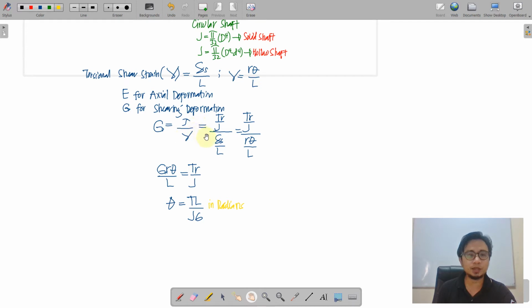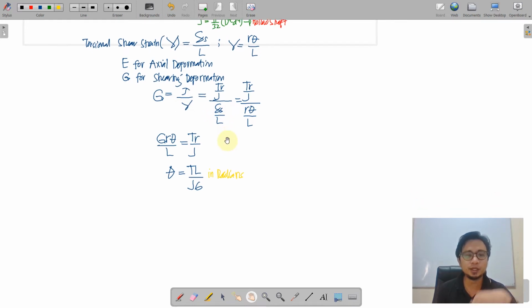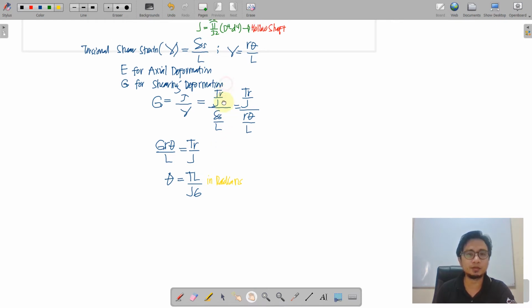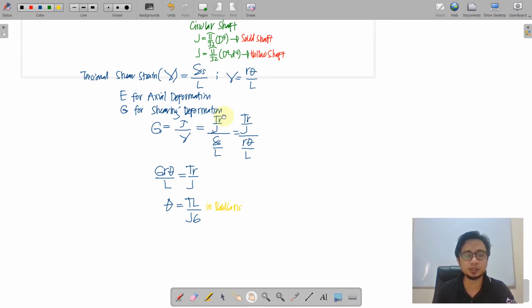So expanding further the formula, we will come up with this formula that the angle of twist is equal to TL over JG, which is the equation that would be most utilized in some problems aside from the shearing stress and the shearing strain.